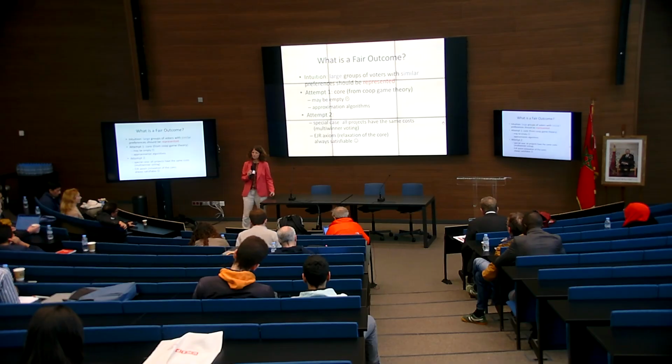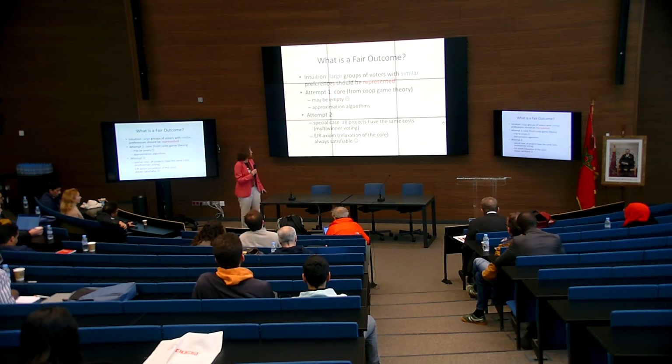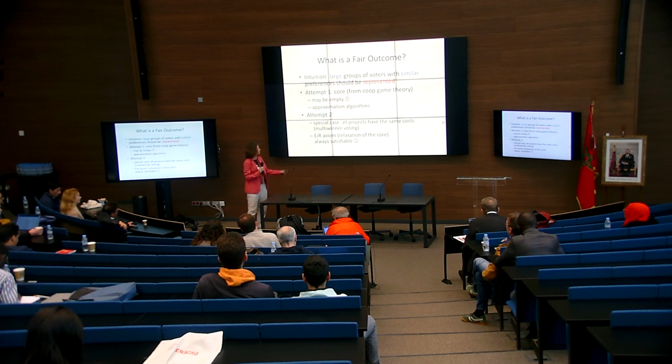And in fact, there was an existing strand of research in multi-winner voting that tried to capture the idea of fairness, right? And within that line of research, there was an axiom called extended justified representation, which I'm not going to explain, but which was effectively a relaxation of the core, and unlike the core, it was always implementable. So that offered a useful starting point.